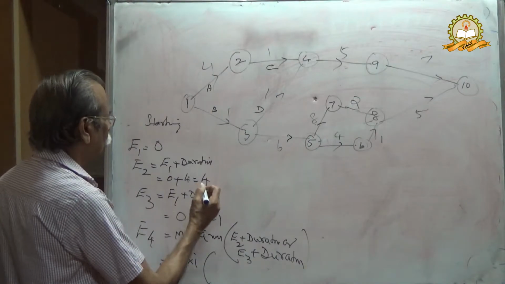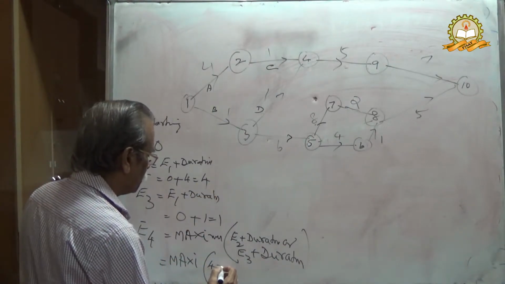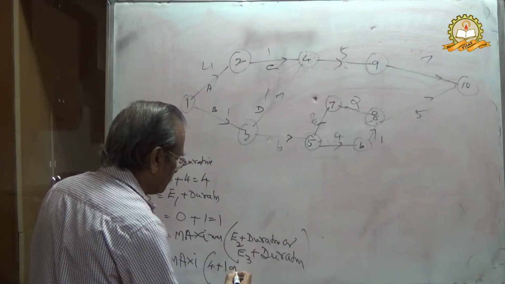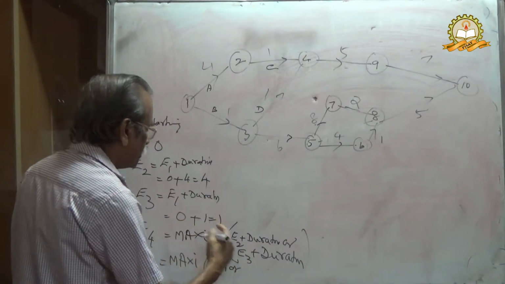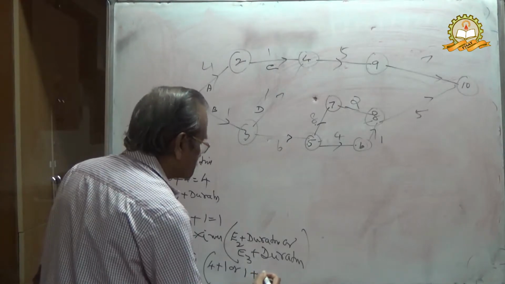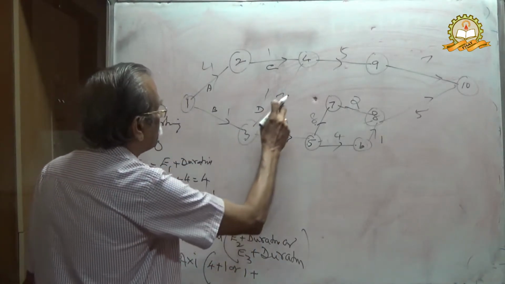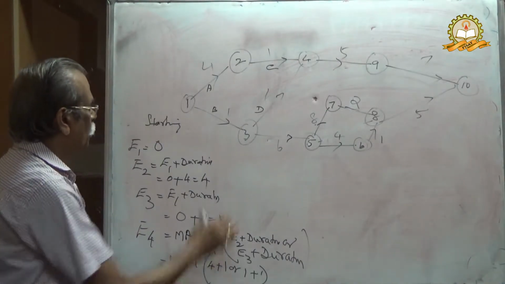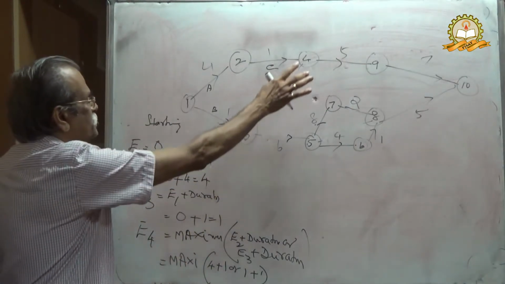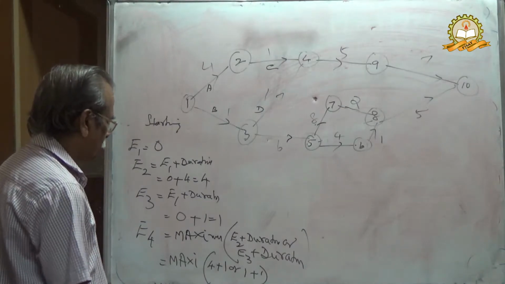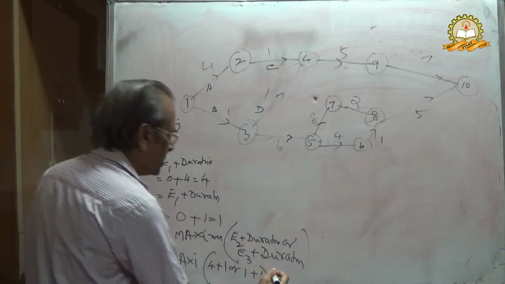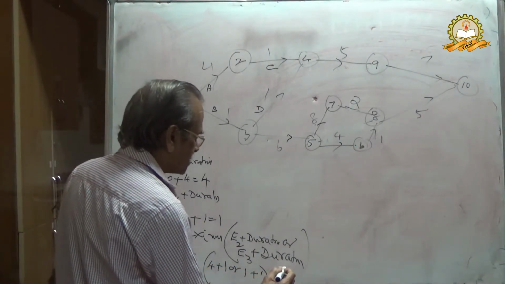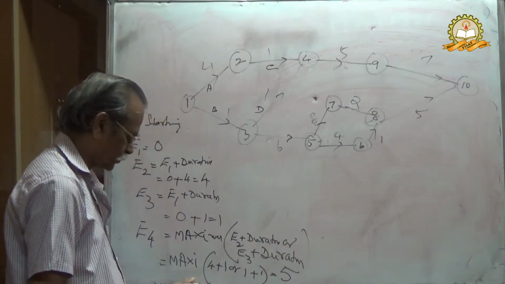E2 is 4, so 4 plus 1, or E3 equal to 1 plus 1. The maximum here is 5.